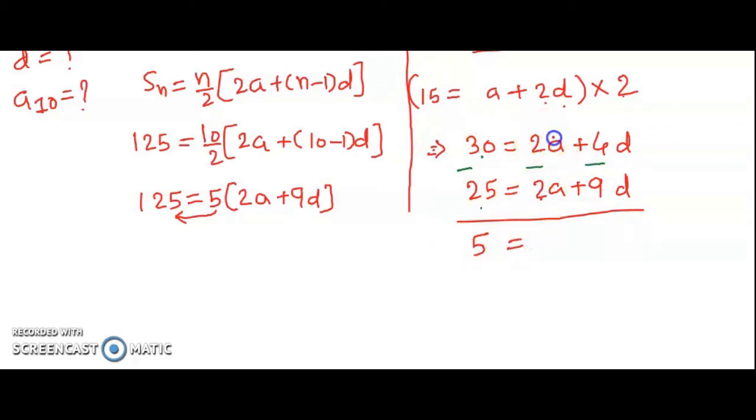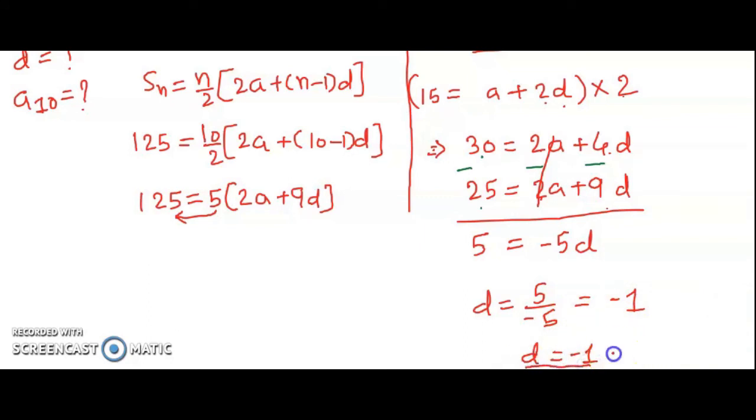Here 2a minus 2a will be cancelled out, and 4d minus 9d gives minus 5d. So from those two equations we get the value of d equal to 5 divided by minus 5, that will be equal to minus 1.